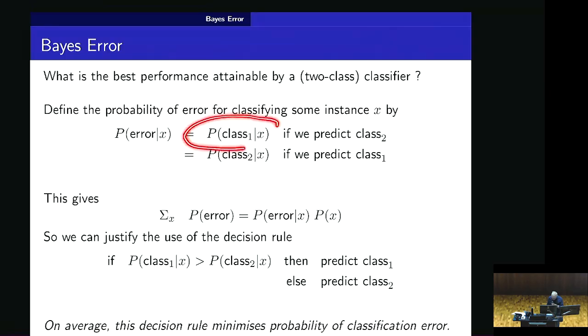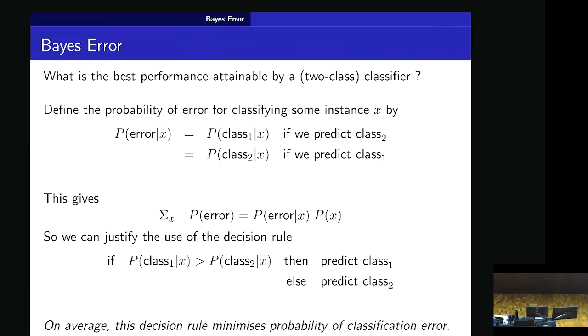So the error is, if you predict class 2, the error is the probability of class 1 given x, so it's actually class 1, right? So the error would be high if you predict class 2 when the probability of class 1 given x is high.